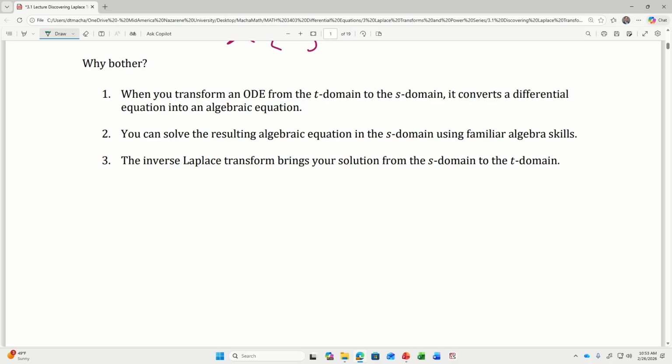We know how to do that, ever since 11th grade or whenever you learned algebra. And after we solve the algebraic equation, we can use an inverse Laplace transform to take our solution back from the s domain to the time domain where it matters. And sometimes this is easier than doing variation of parameters.